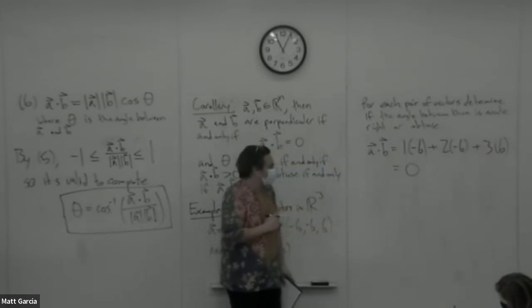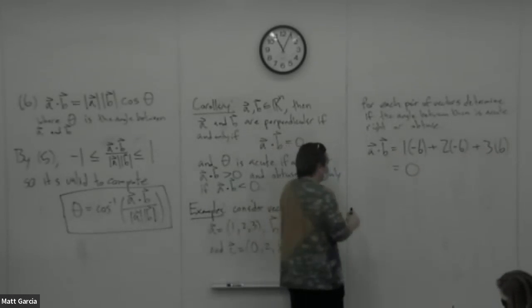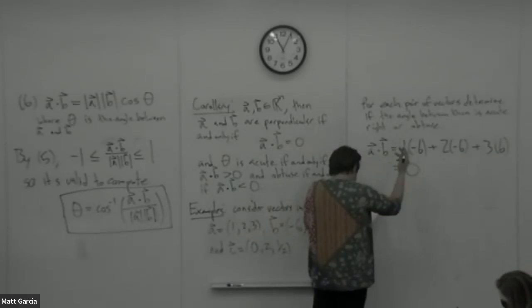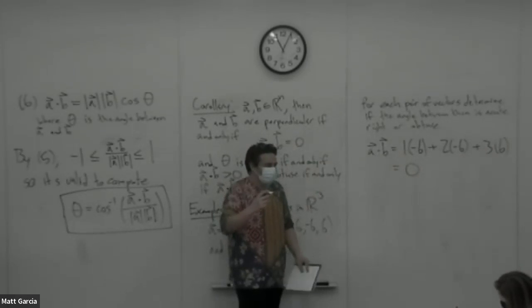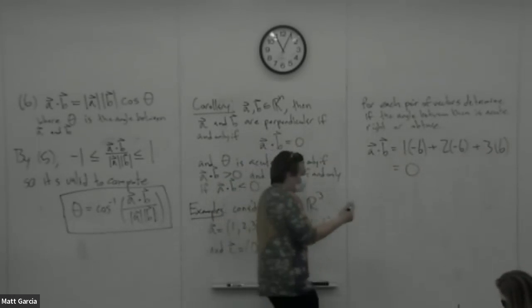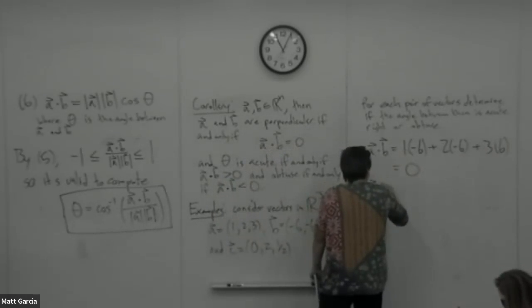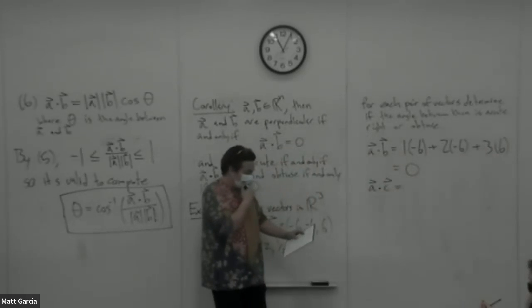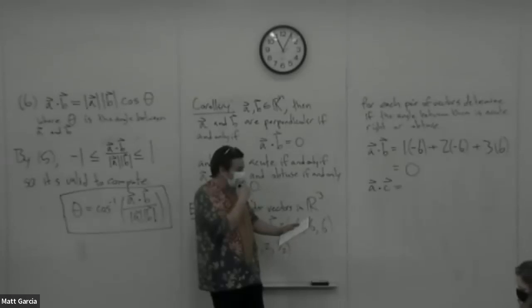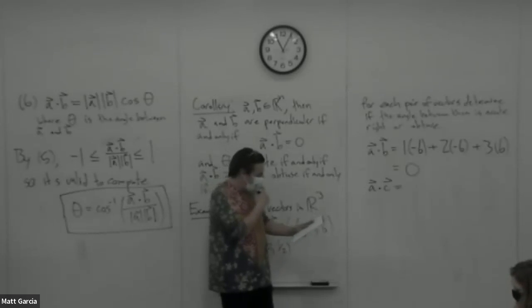Okay. Which one should we do next? A and C. A dot C. What do we get for this? 5.5.